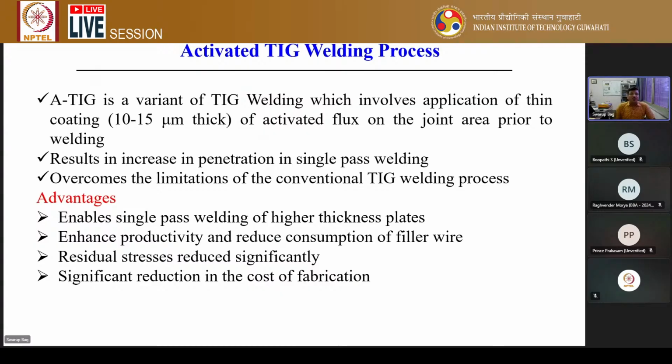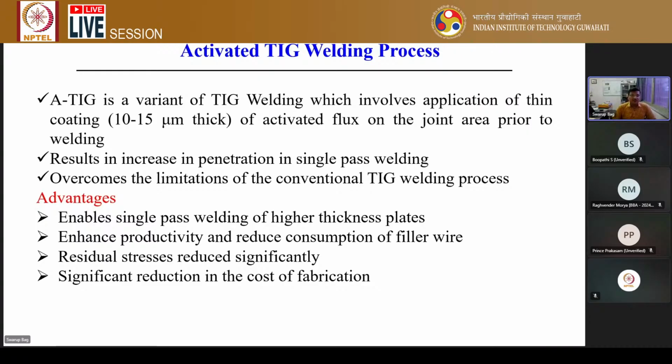Then we can perform the single pass welding process, and that will increase the penetration because of the effect of this surface activated flux coating over the surface.